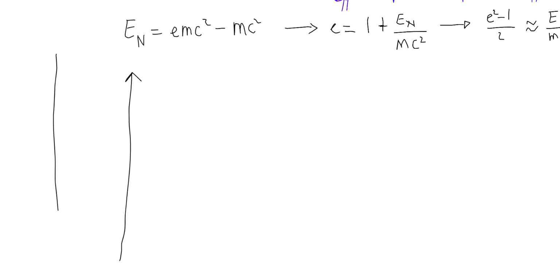This is my energy axis. Radial axis. And the potential, if we plot it, looks like this.